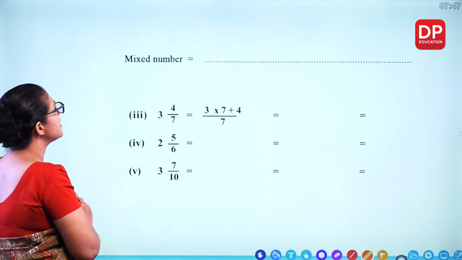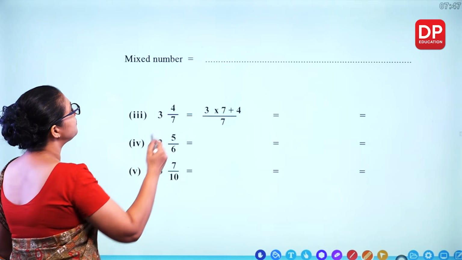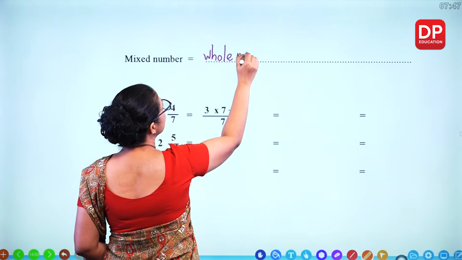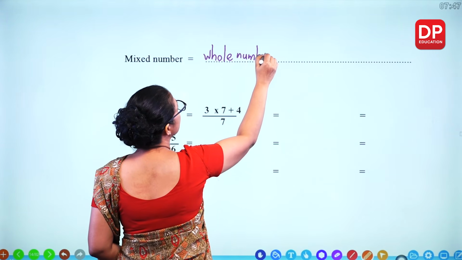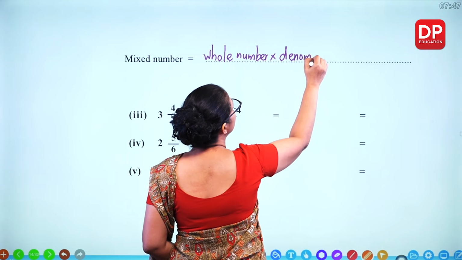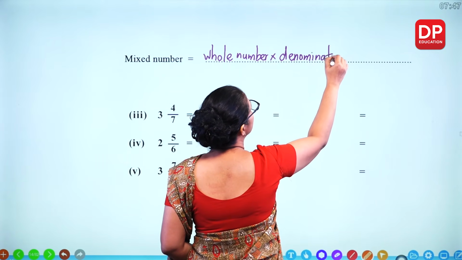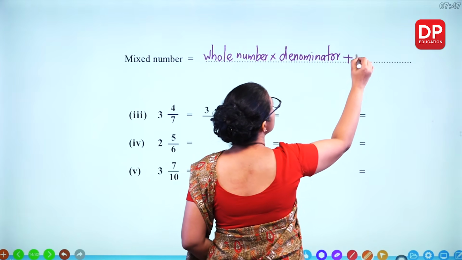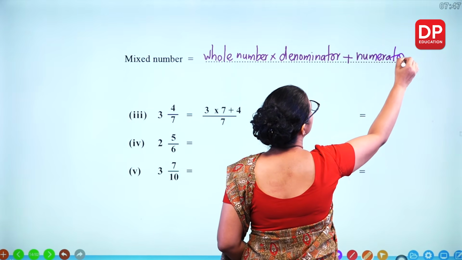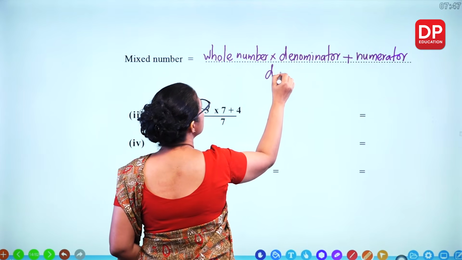So we can write, what's the mixed number? Whole number multiplied by the denominator plus the numerator, and the denominator comes here.